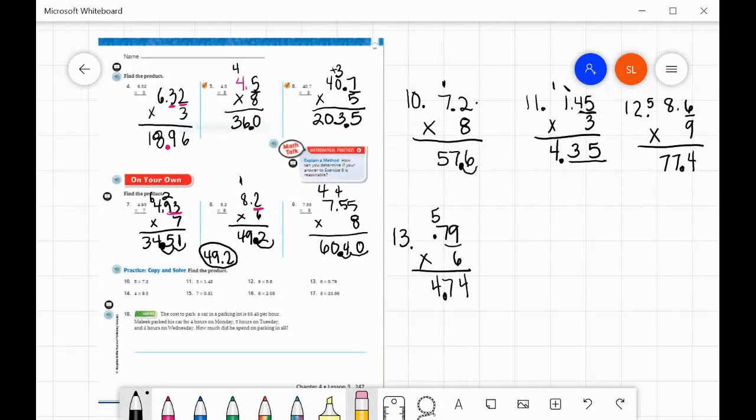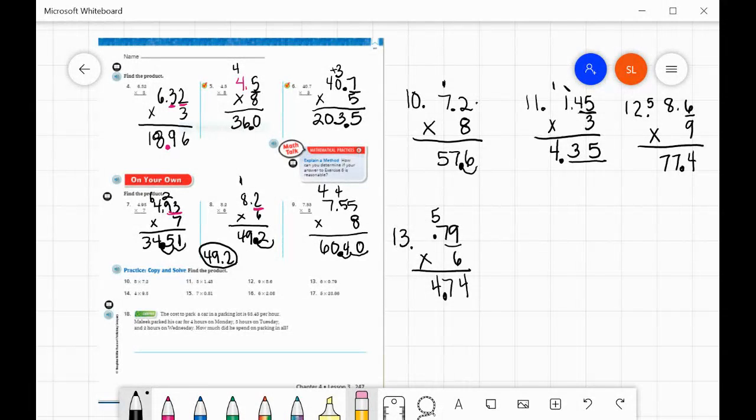Okay, let's skip down and do number 18. Number 18 says, the cost to park a car in a parking lot is $3.45 per hour.